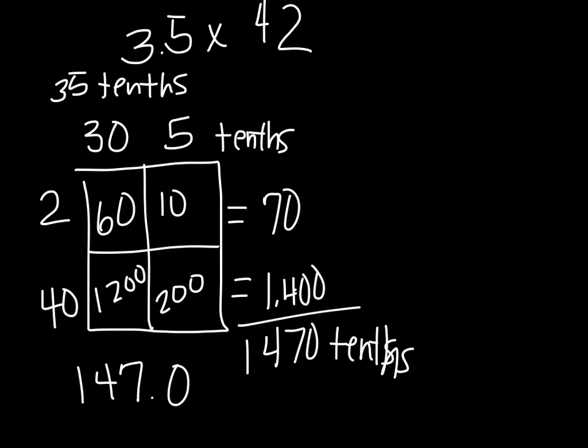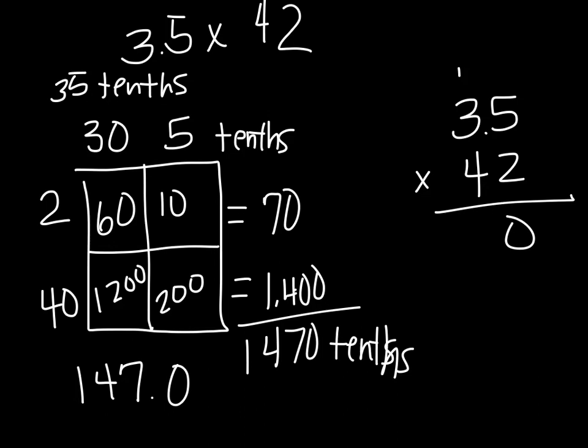So now let's go with the standard algorithm. I can see that I have tenths here, and so I will do my standard algorithm. 5 times 2 is 10, 3 times 2 is 6, and 1 more makes 7.